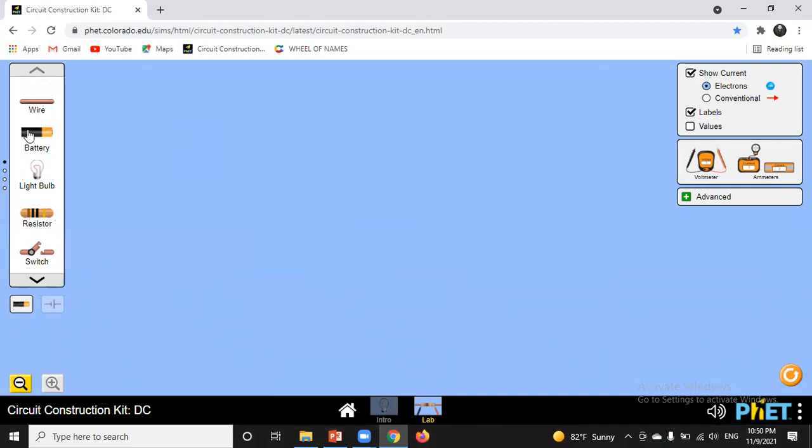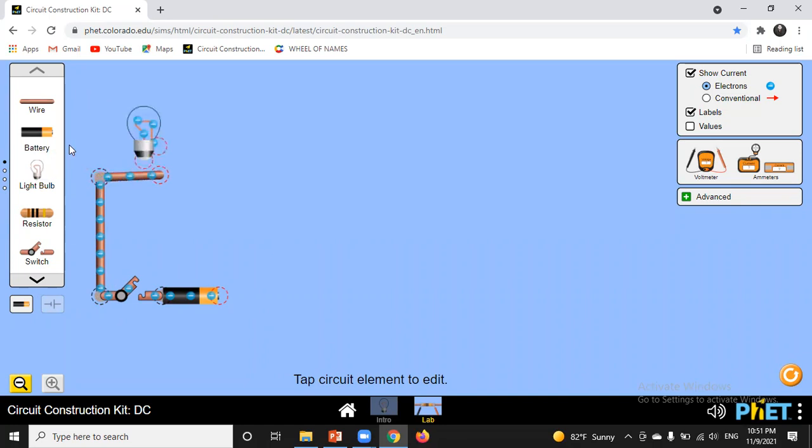To make a circuit, you need a battery, which represents the energy source, a switch to turn on and off, and wires. And a resistor. I'm using a light bulb as a resistor. I will use another one.